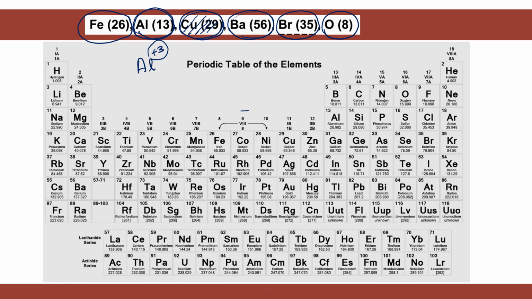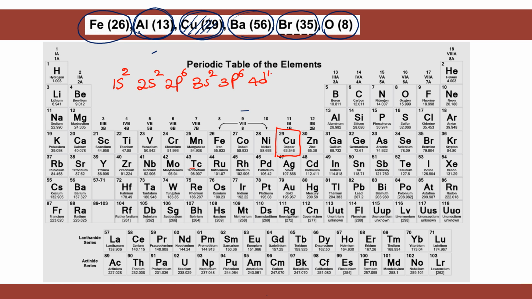Can you tell me the copper configuration? What did you get for copper? Copper has 29 electrons. So copper is here. Tell me what did you get for copper? 1s2, 2s2, 2p6, 3s2, 3p6, 4d10, 4d what?